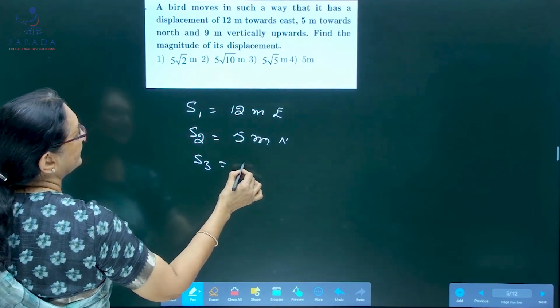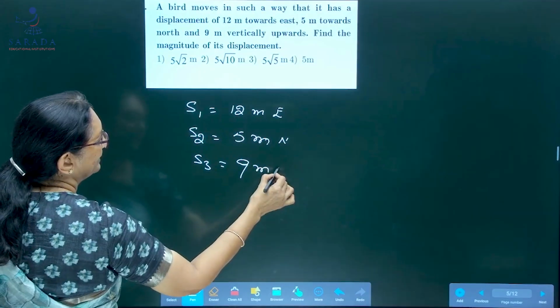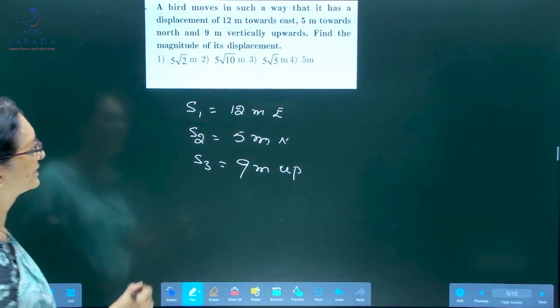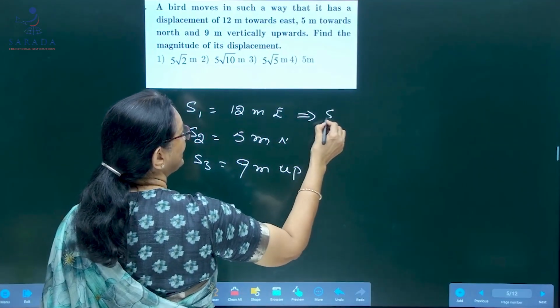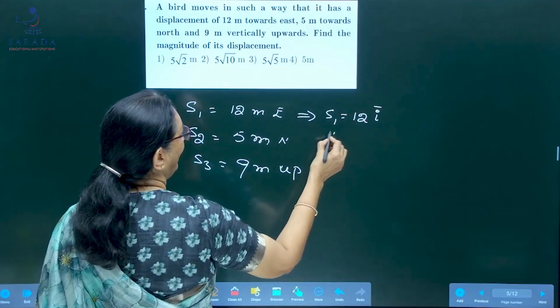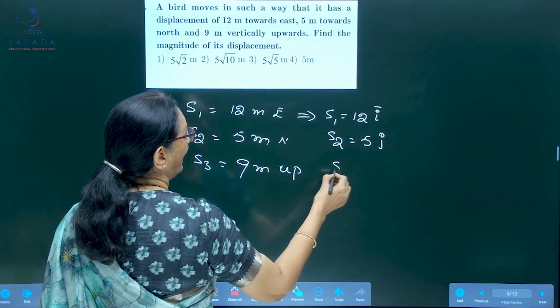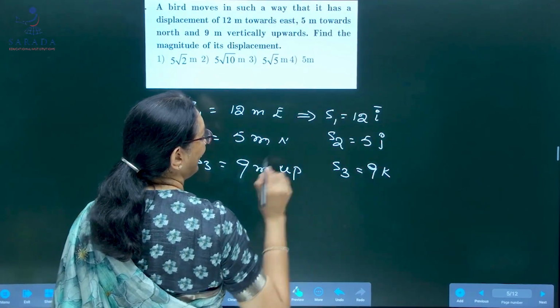The upward direction is referred to as k bar. So east is referred to as i bar. So S1 is equal to 12 i bar, S2 is equal to 5 j bar, and the upward direction is referred to as k bar, 9 k bar.